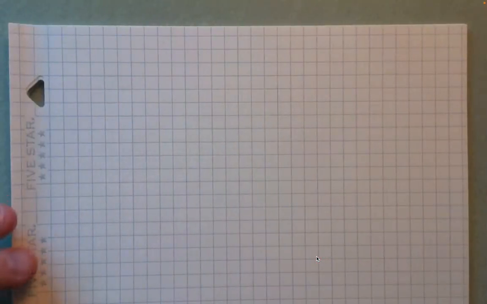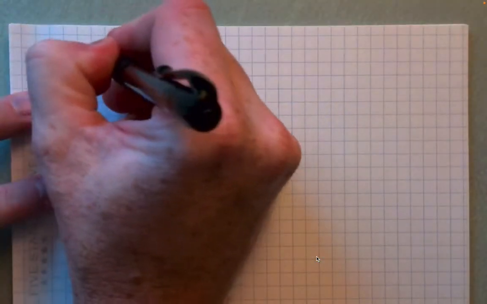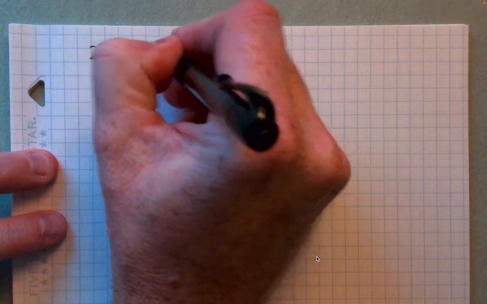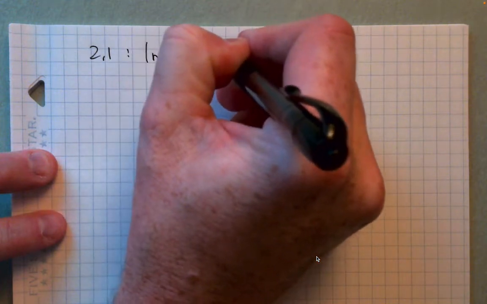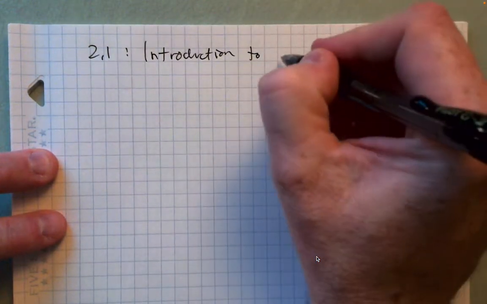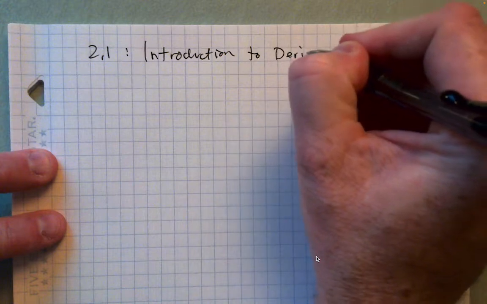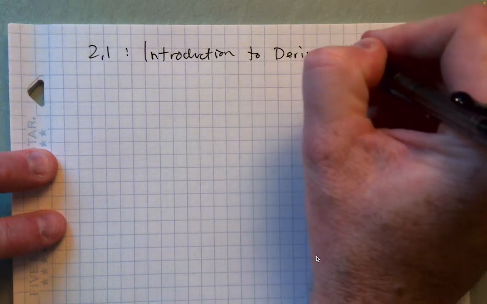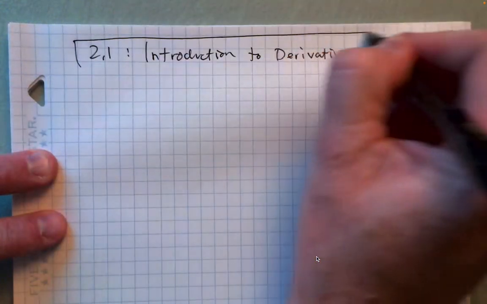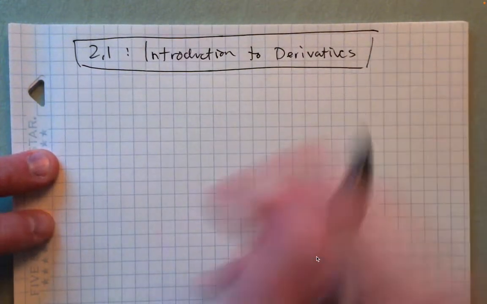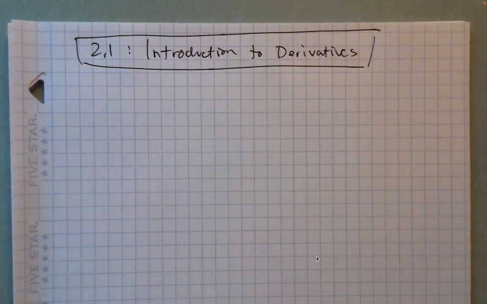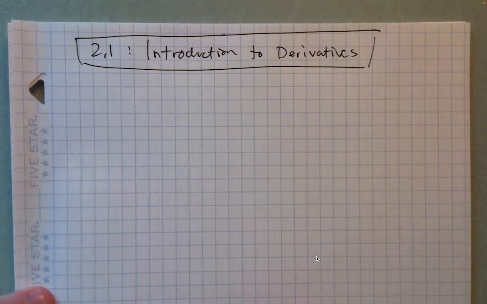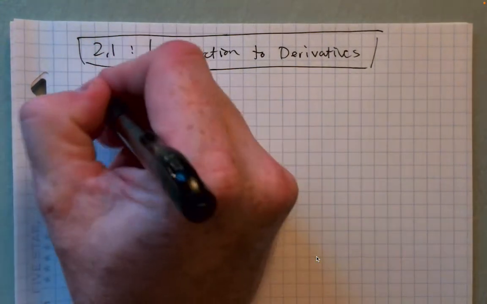Okay, so this will be section 2.1, and we'll call it Introduction to Derivatives. Okay, so the best place to start with derivatives is with the tangent line problem.